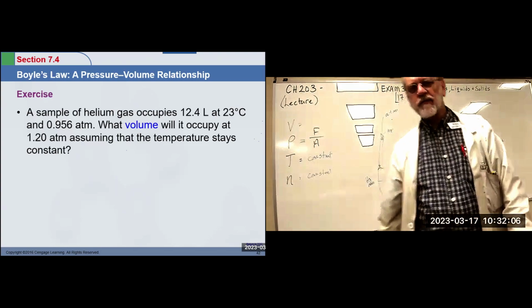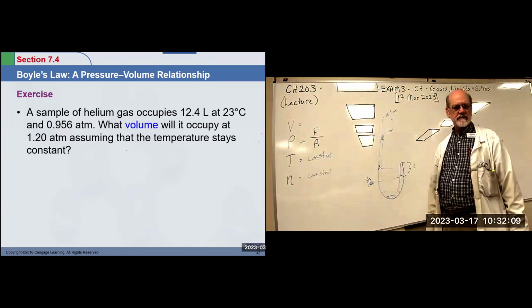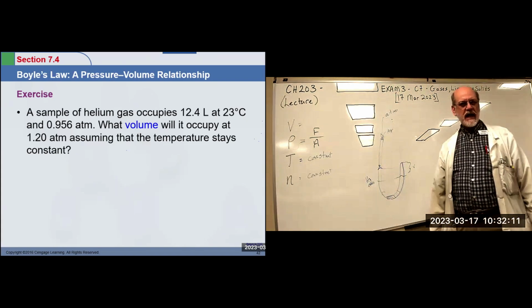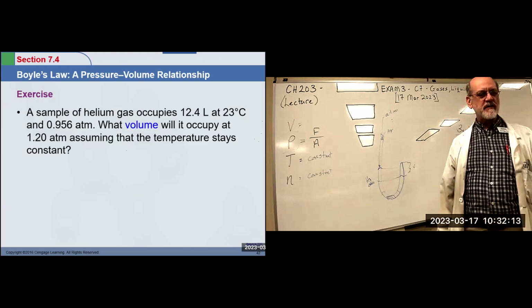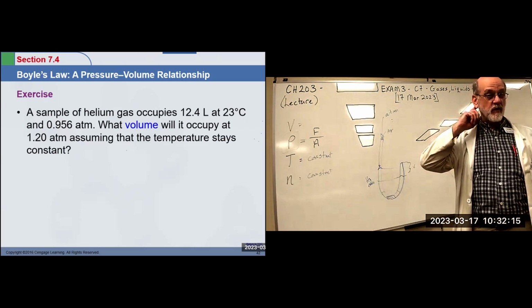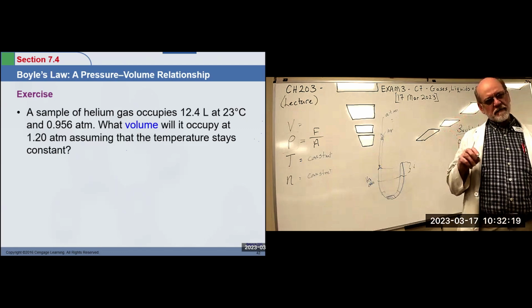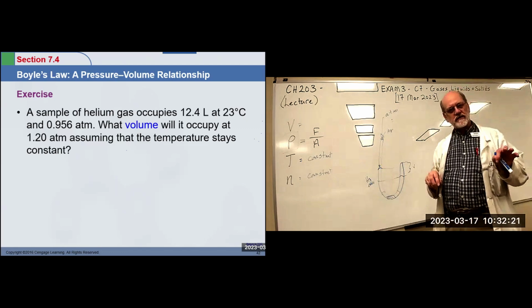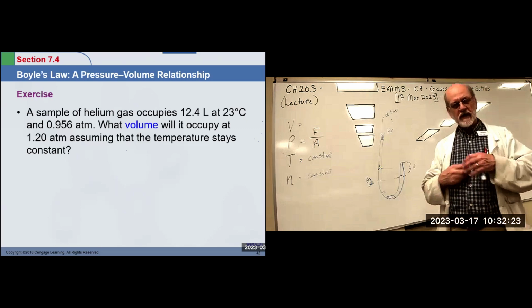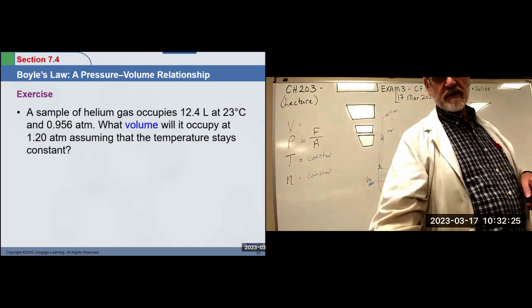So if we have 12.4 liters at 23 degrees Celsius, and the pressure inside is measured at 0.956 atmospheres, what volume will it occupy at 1.2 atmospheres? So let's see, the pressure is increasing, so the volume should decrease, assuming that the temperature stays constant.